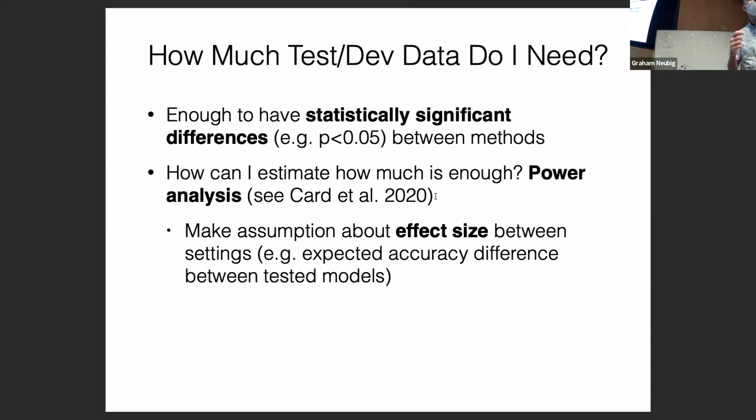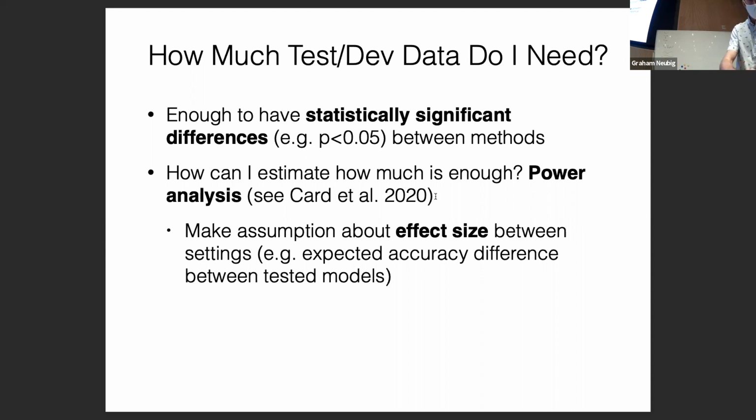To give an example, you might say, I want to compare models. I think that if I get a better model, it will increase accuracy by about 3 points, or 2 points, or 1 point. Or I care about accuracy differences that are at least 1 point or 2 points or 3 points larger.